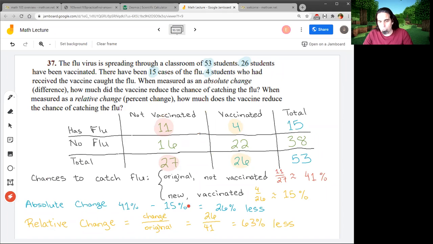So how can we have two answers? The chance is 26% less or 63% less for the same thing.